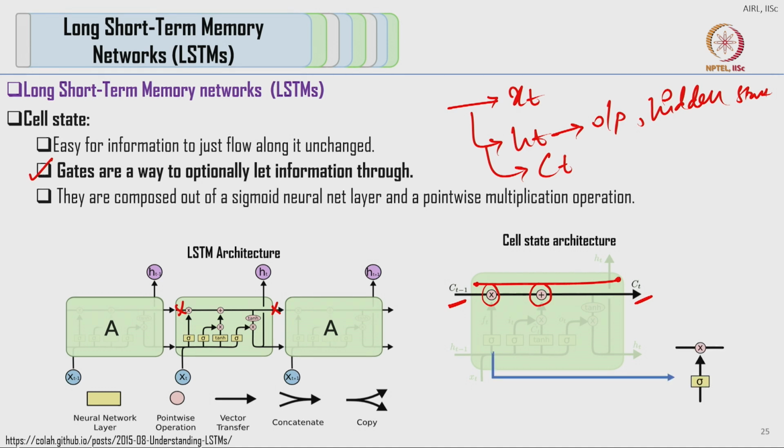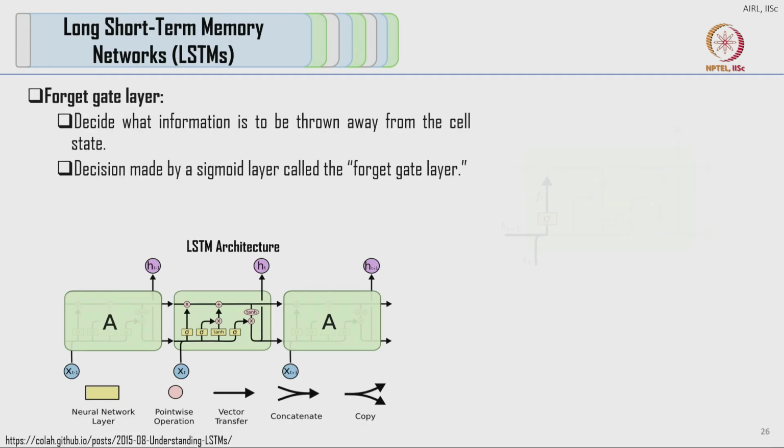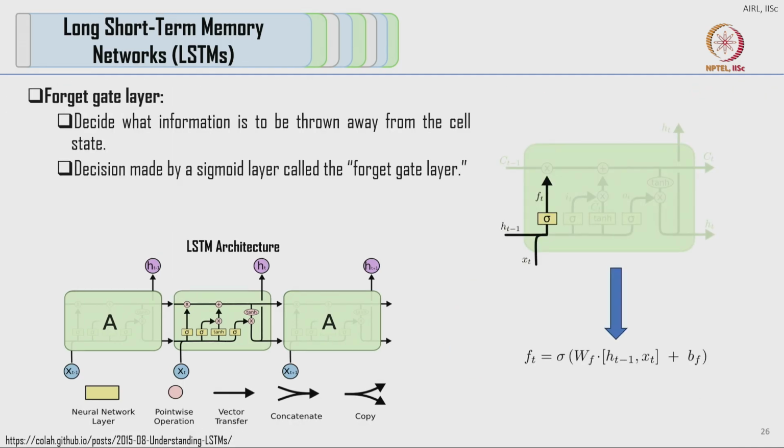Now let us look at how the information could be learned or modified using different gates in the cell state. The first gate that we observe is the forget gate. The forget gate takes the input of xt and ht minus 1, using a learnable weight and a corresponding bias, followed by a sigmoid operation.